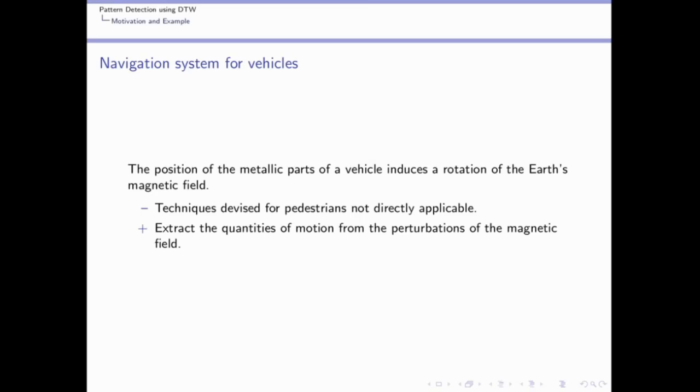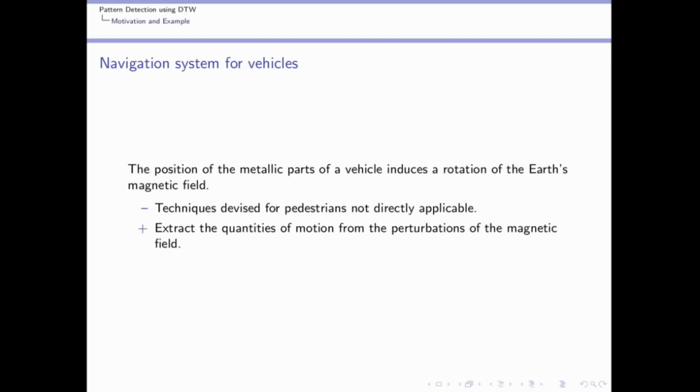So the techniques that were applicable for pedestrians might not be directly applicable, since the variance of the measurements will be significantly higher, for example. However, the promising aspect is that precisely these perturbations might encode some quantities related to the motion of the vehicle.